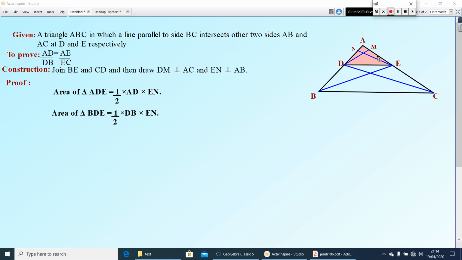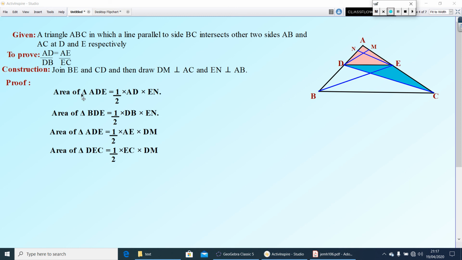That we can write as half into AE into DM. Now let me take triangle DEC. Find the area of DEC with EC as the base. The area of triangle DEC is equal to half into EC into DM.